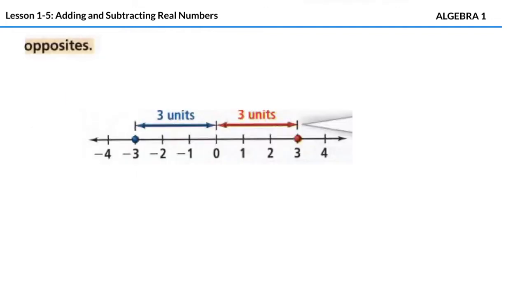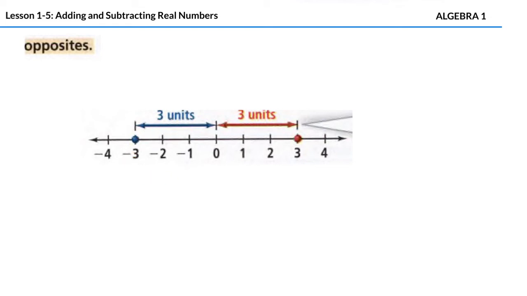Okay, let's try to understand another concept, opposites. Now, two numbers that are the same distance from 0 on a number line but in opposite directions are called opposites. Now, what is the distance of 3 from 0? It is 3 units. What is the distance of negative 3 from 0? It is 3 units.